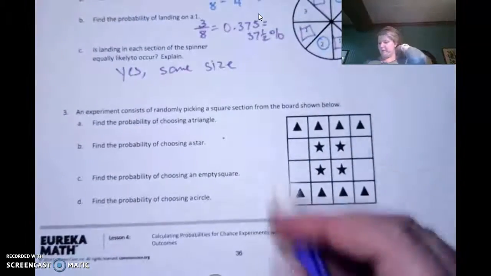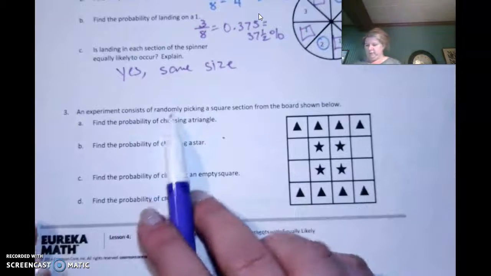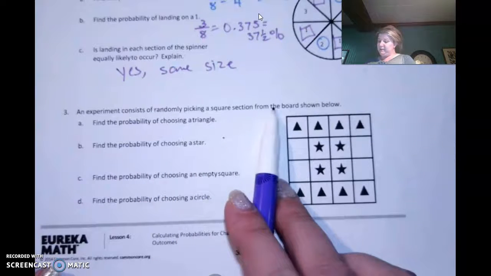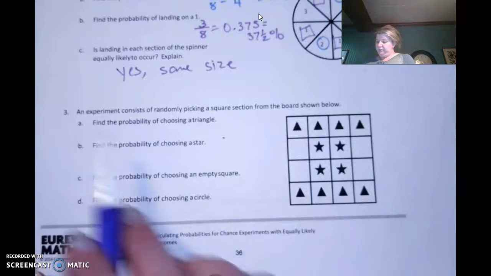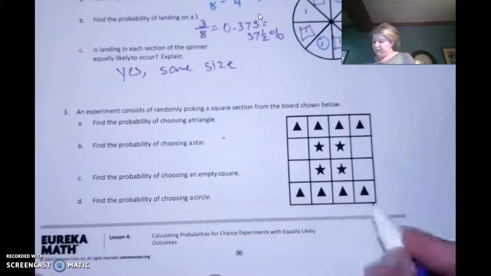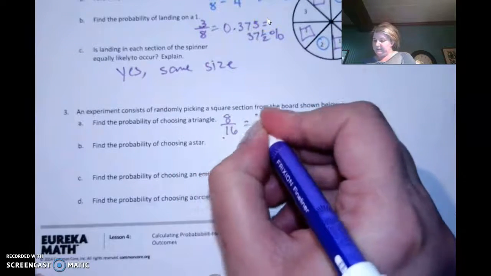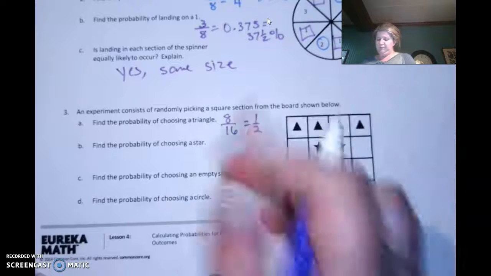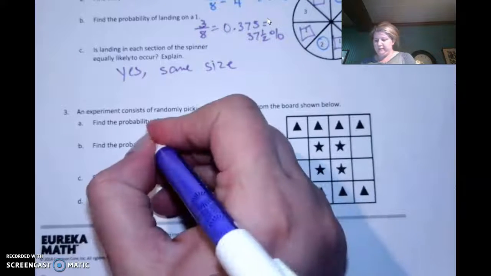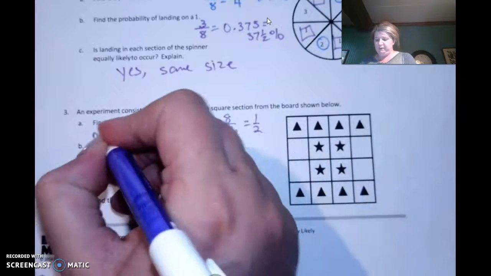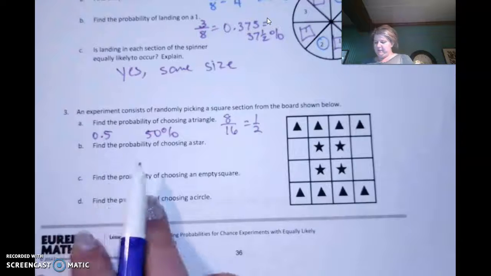Okay, now we have this square, this picture. We're going to be randomly picking a square from the board shown below. So triangles, there are 8 of those out of 16. So that's 1/2, which I could also represent as 50% or 5/10.